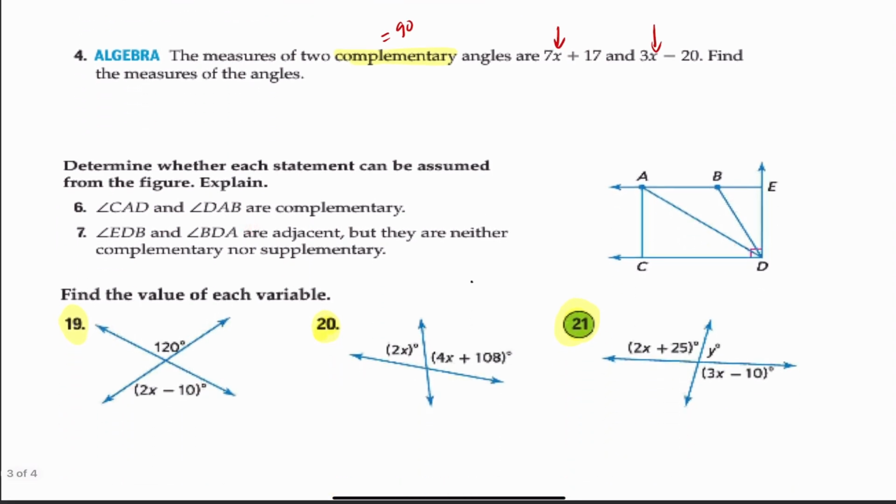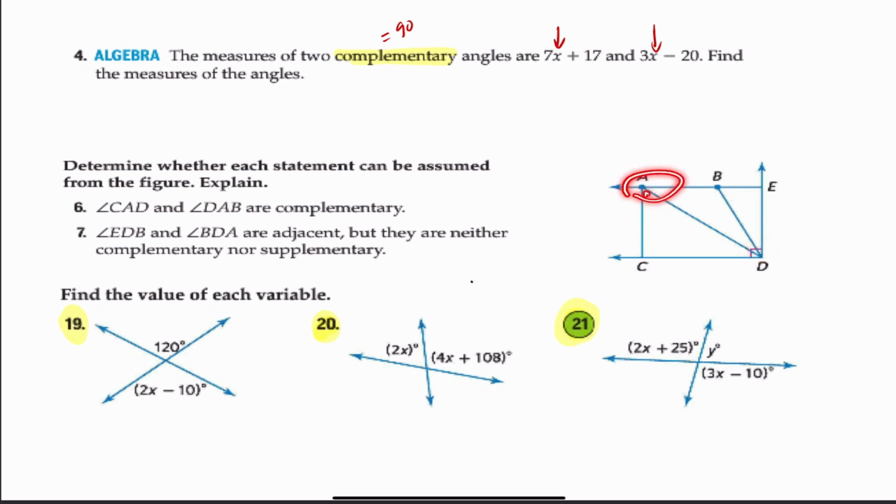For this one, 6, angle CAD and angle DAB are complementary. Well, first of all, let's read this first. Determine whether each statement can be assumed from the figure. Explain. Angle CAD and angle DAB are complementary. Well, here's angle CAD and here's angle DAB. Just because I see this 90 degrees right here, does this mean it's also 90 degrees? Well, no, not exactly.